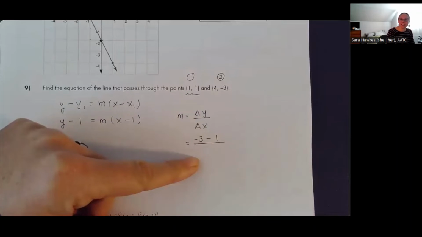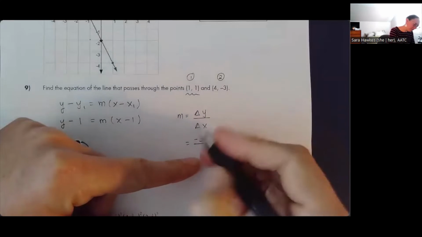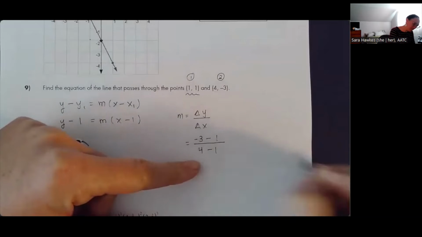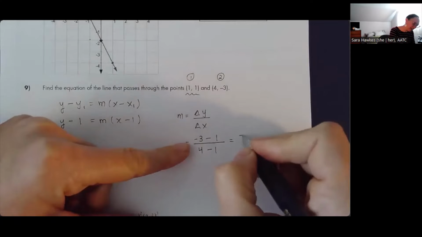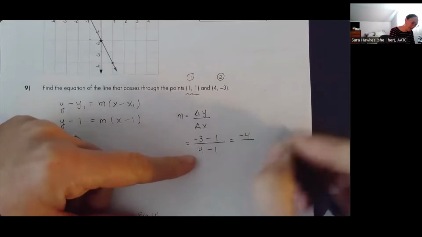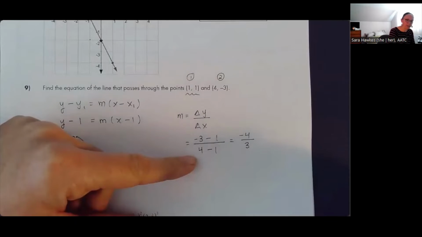But then I have to keep that in the same order from the bottom. And I'd have to use the 4 minus 1 on the bottom. -3 minus 1 is going to give me -4. And 4 minus 1 is +3.